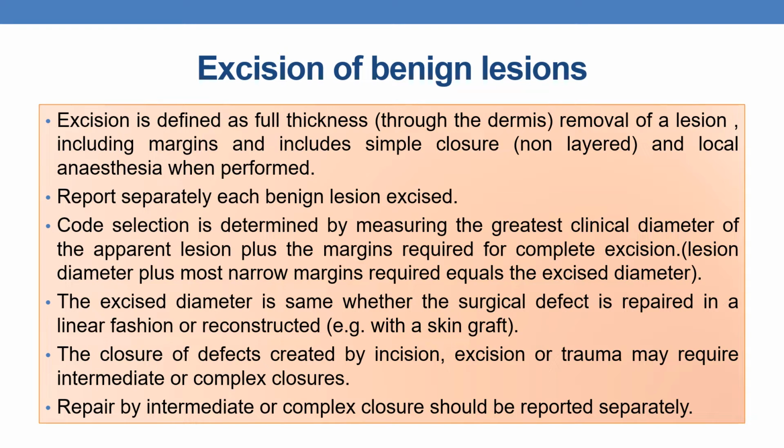Margins must be narrow. The excised diameter is the same whether the surgical defect is repaired in a linear fashion or it is reconstructed, that is, using a skin graft.